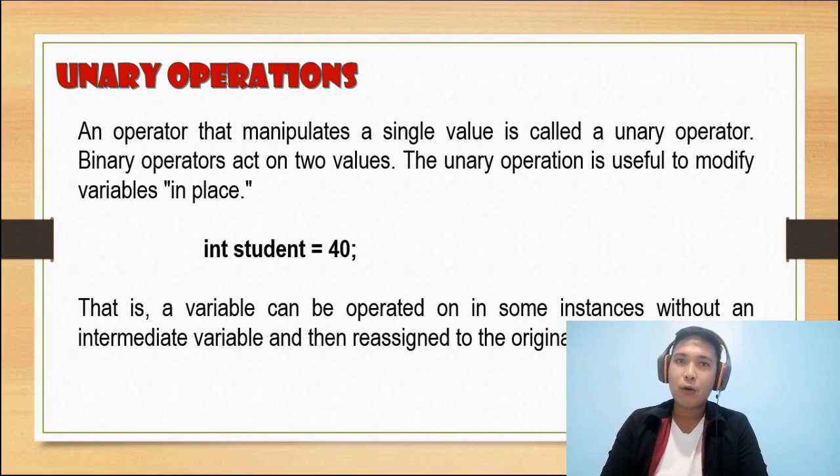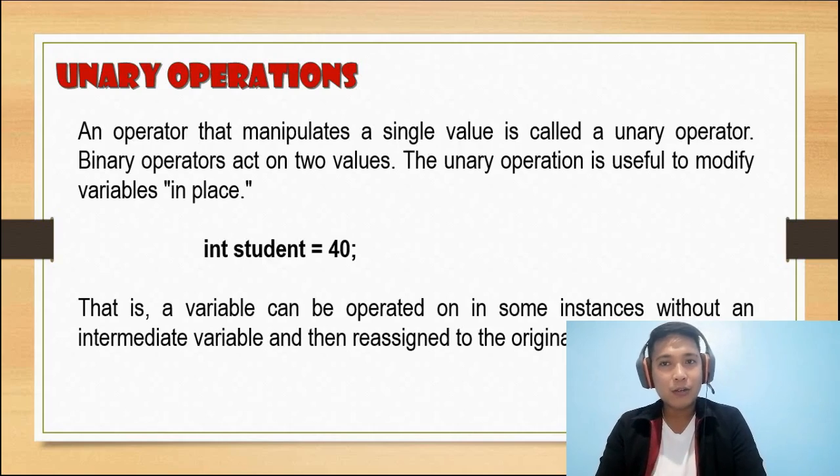Say for example, we have int student is equal to 40. The initial value is 40. So we can change the initial value of our variable student to another value or another state.